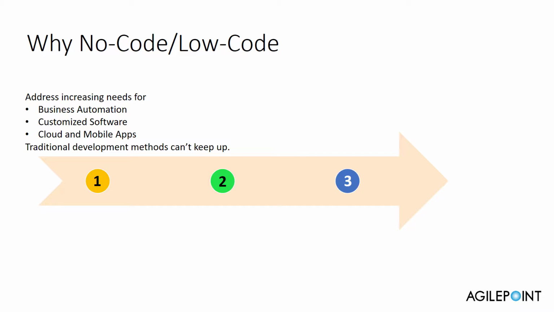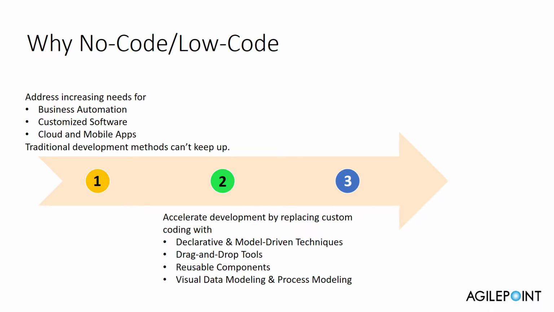We need to customize the software that we're using. And with the advent of cloud and mobile applications, that really further compounds the problem. The fact of the matter is, using traditional hand coding techniques, most customers simply can't keep up with the volume of software that they must create.